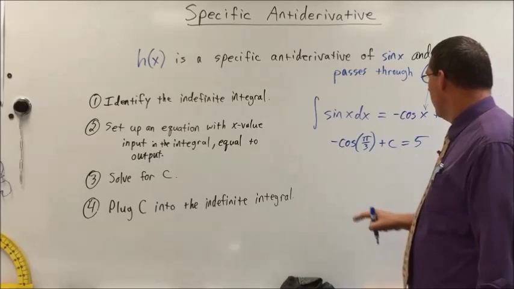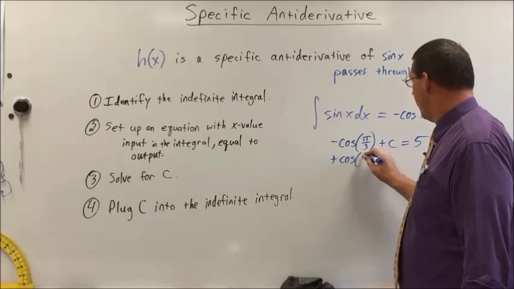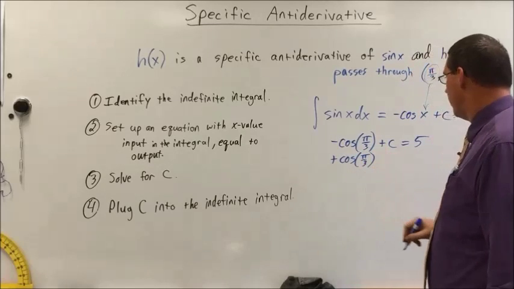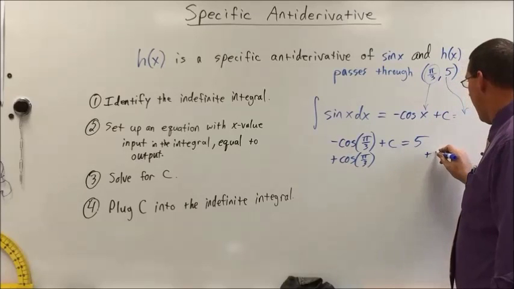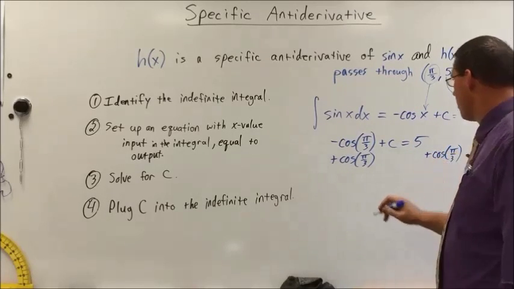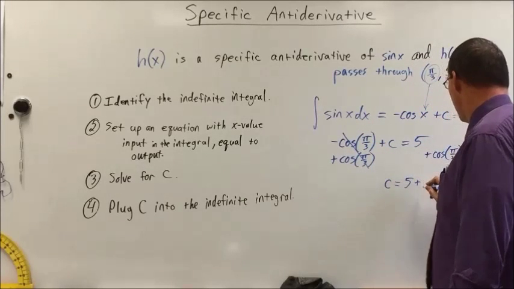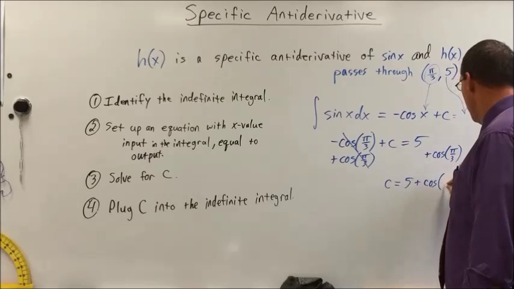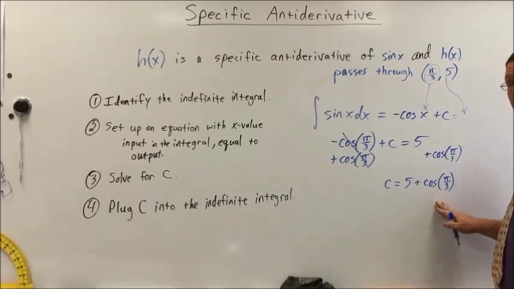All right, well, let's add cosine of pi over 3. I know some of y'all are dying for me to just go ahead and put a number in there, but we're going to do it this way. So we're going to add cosine of pi over 3 to both sides. We cancel, and now c is equal to 5 plus cosine of pi over 3.